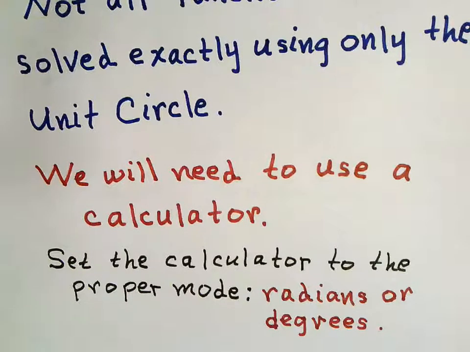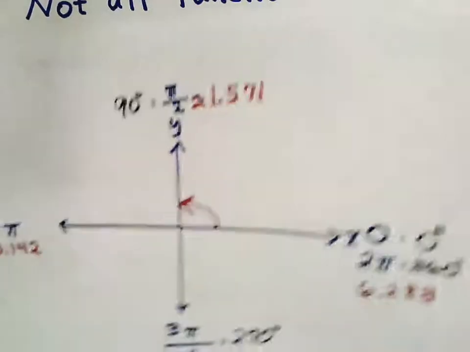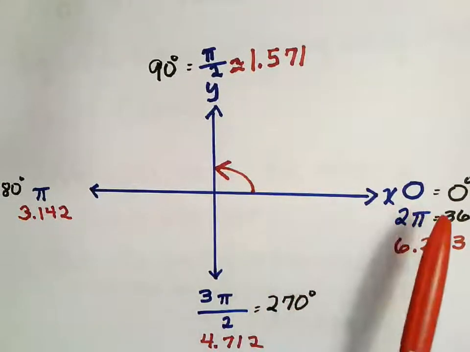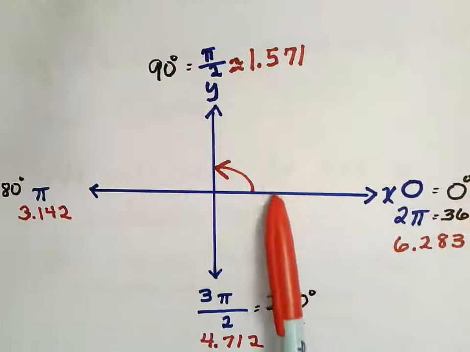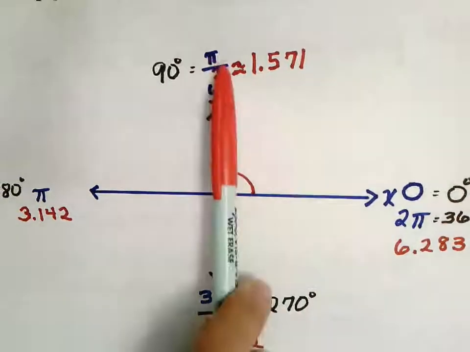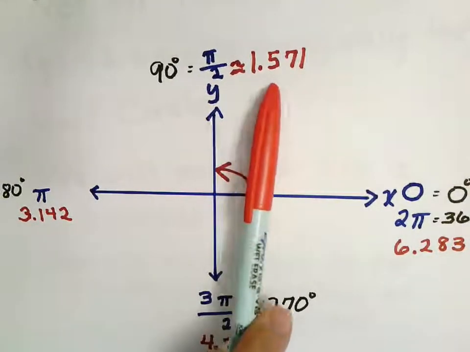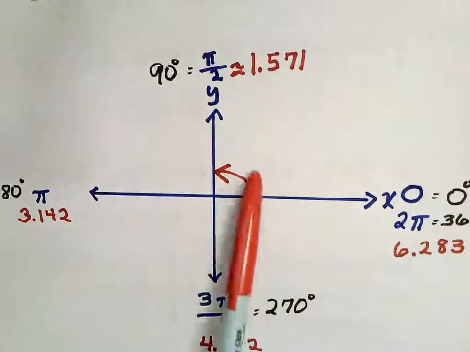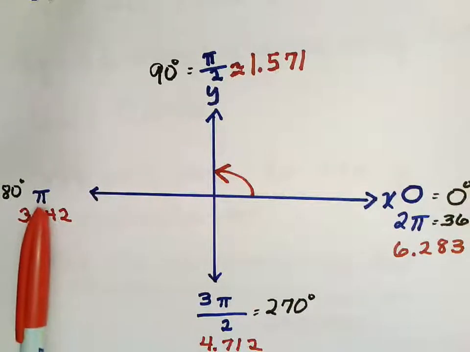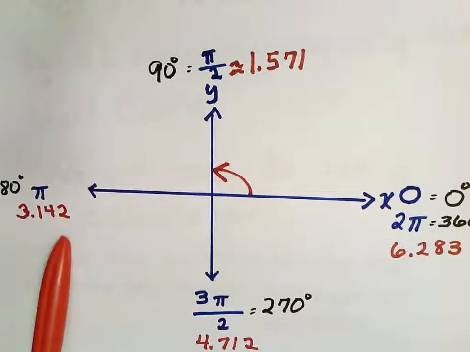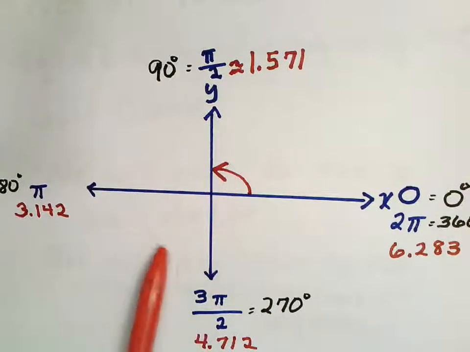Let's also review if we're in an XY plane, then we start off with 0 degrees, 0 radians. Going counterclockwise, it's pi over 2 radians, or 90 degrees, or approximately 1.571 radians. Keep on going counterclockwise, which is pi radians, 180 degrees, or approximately 3.142 radians. We keep on going counterclockwise.